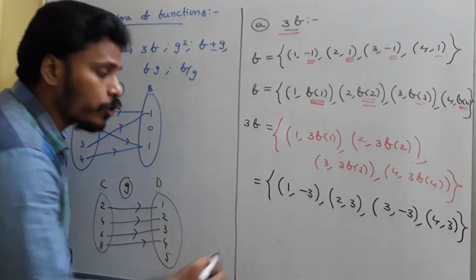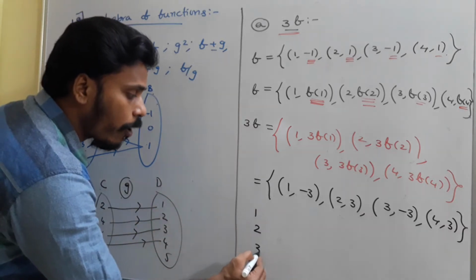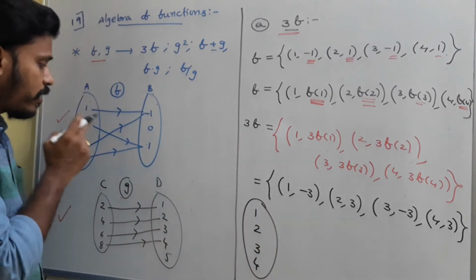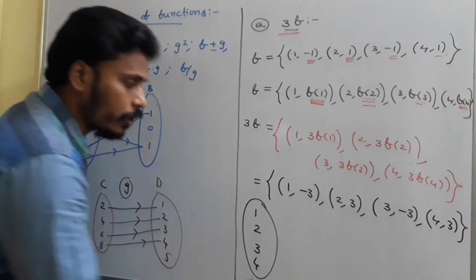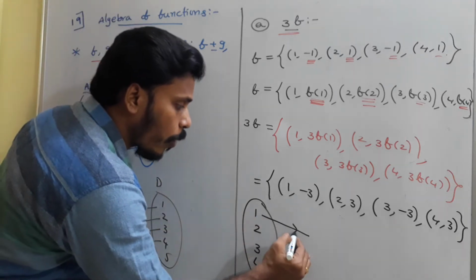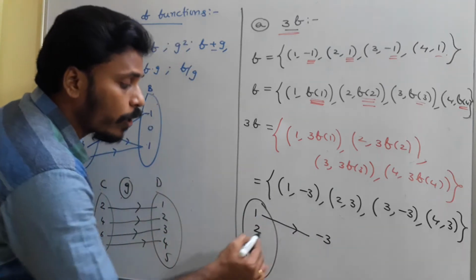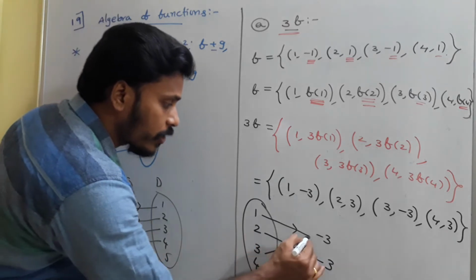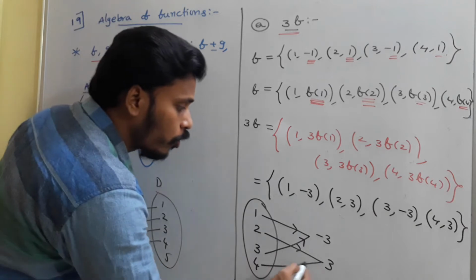And again, if you wish to indicate it in arrow diagram form, the first set of this function 3f is the same as the first set of f, which is 1, 2, 3, 4. Here we need to connect 1 to minus 3, 2 to 3, 3 to minus 3, and 4 to 3.